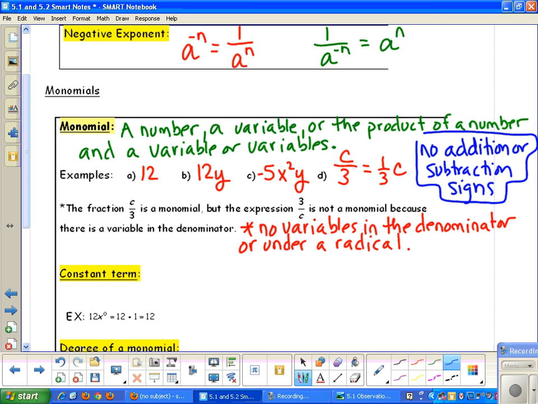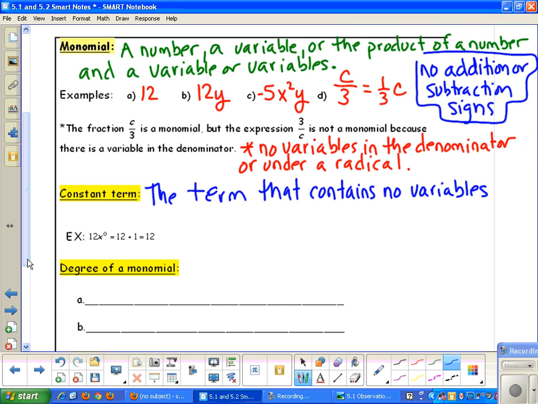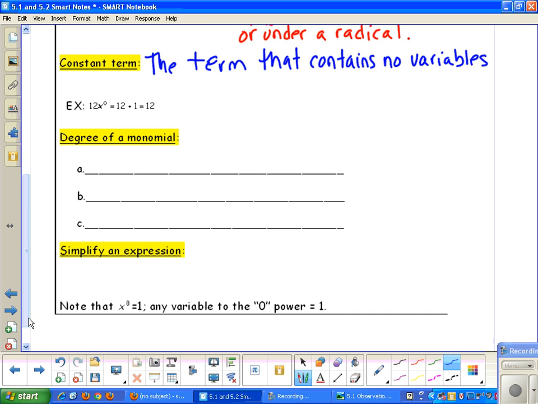So a constant term is the term that contains no variables. So for example, if I had 12x to the 0, there's a note at the bottom of our paper here that anytime you have x to the 0 power, we know that the answer is going to be equal to 1.